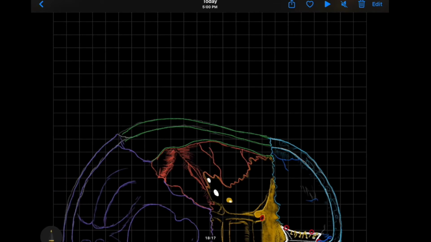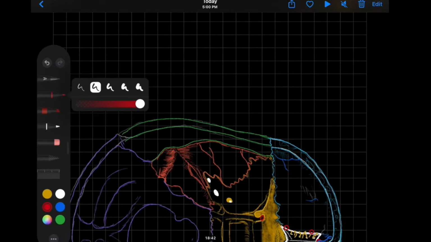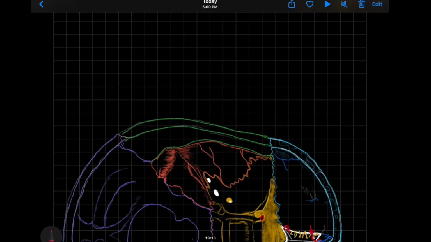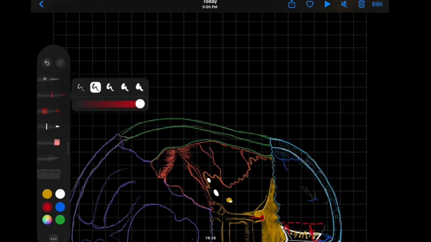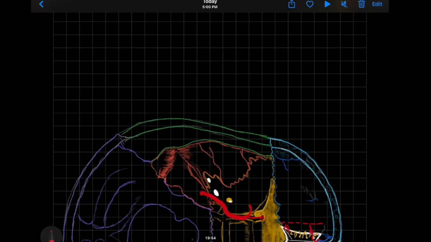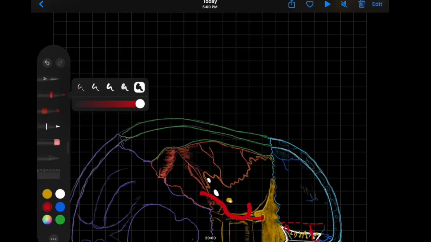Then here we can see the olfactory nerve, yes, through our cribriform plate. We will discuss these structures. And then here we can see the arteries. On the anterior part, we have the anterior ethmoidal artery, and at the posterior ethmoidal foramen, we have posterior ethmoidal artery, and these arteries branch from this dotted line which I have drawn, the ophthalmic artery, and this ophthalmic artery you can see originates from the internal carotid artery.